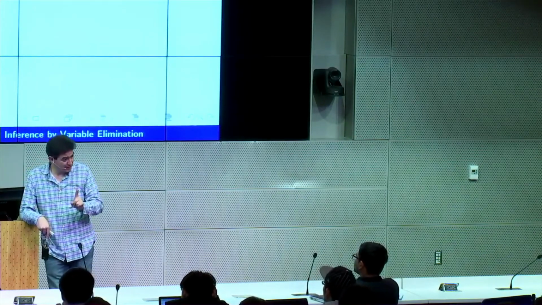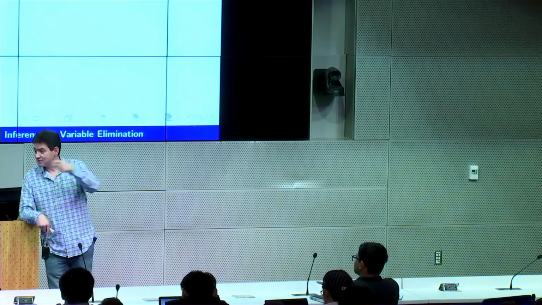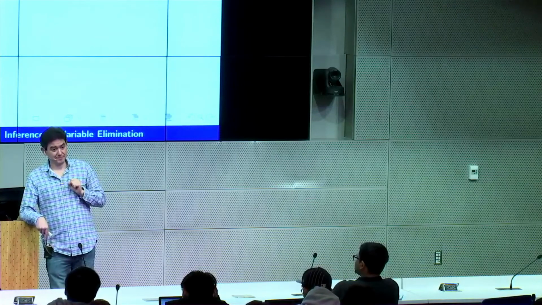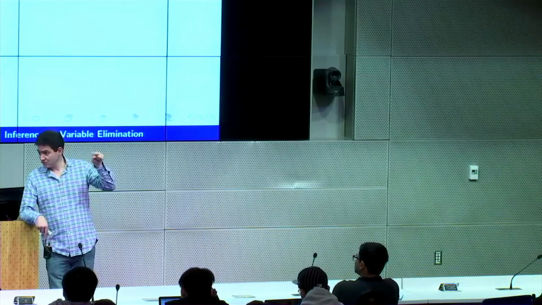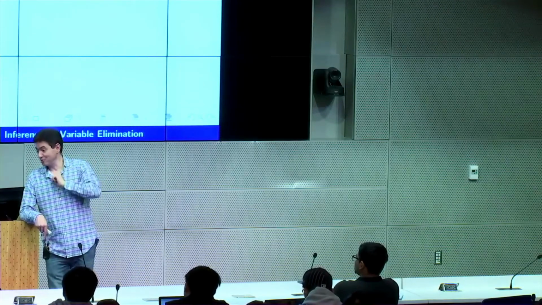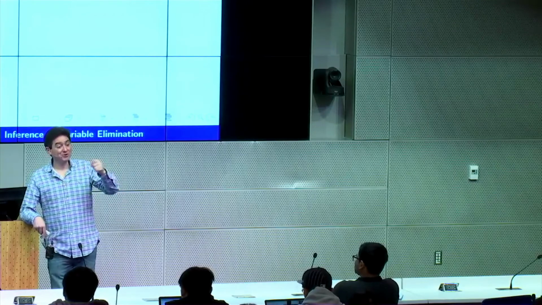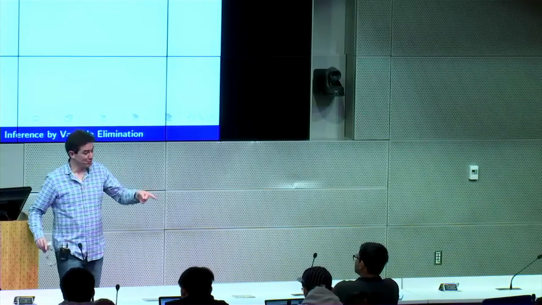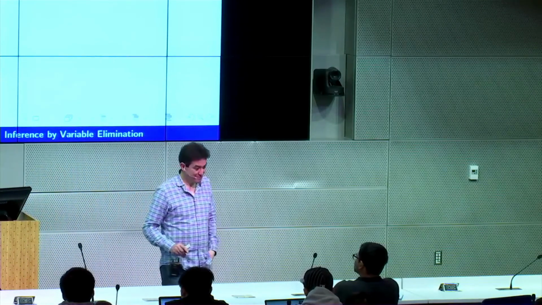Remember, what is a query? Marginal over some variables given some evidence. I'm going to show you now a technique where you would look and say, wait a minute, before I start, if that's the question you're asking, I will prune the network. I will throw out parts of it while guaranteeing you that the simplified network will be as good as the original one in terms of answering that question.